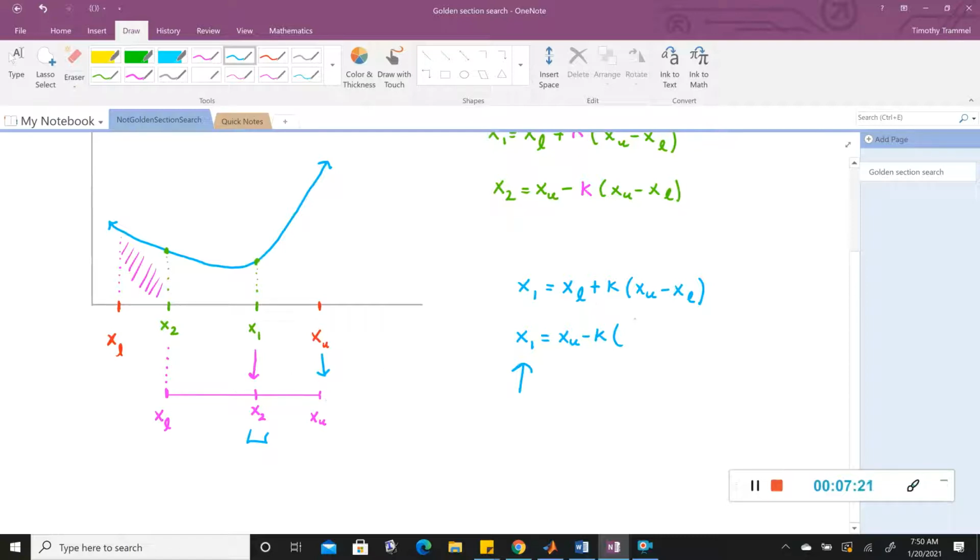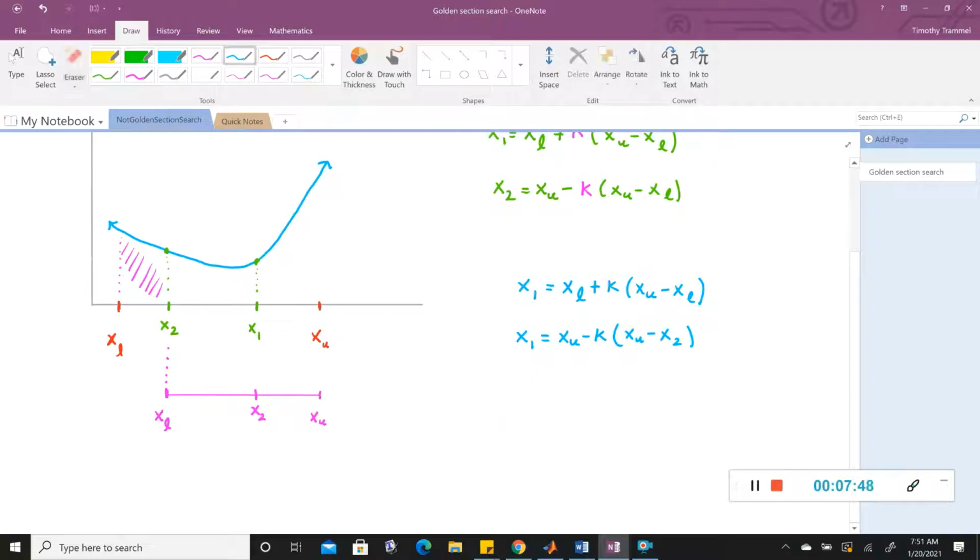Well, it's x upper still, because x upper hasn't changed, but our x lower is equal to our x2. So we have two ways of calculating x1 if we're looking at both our first and second iterations of this technique.